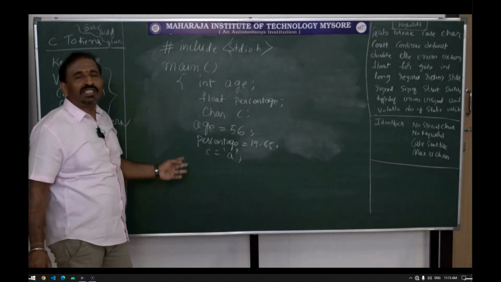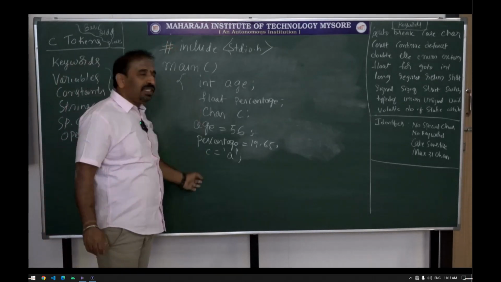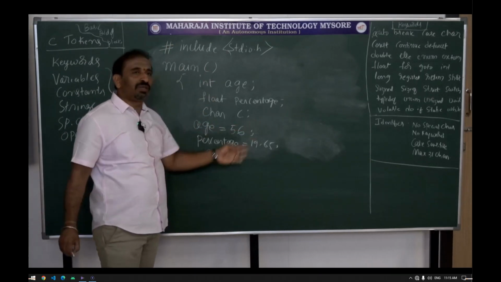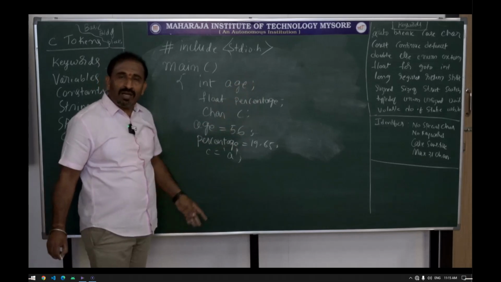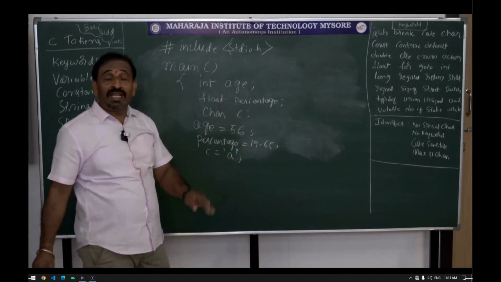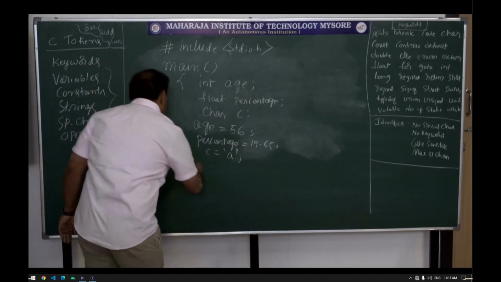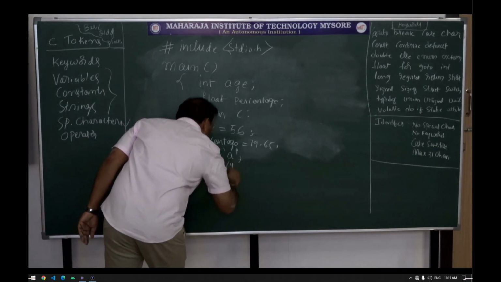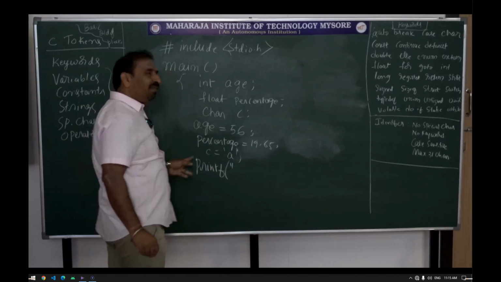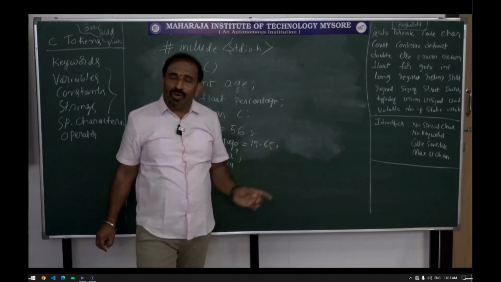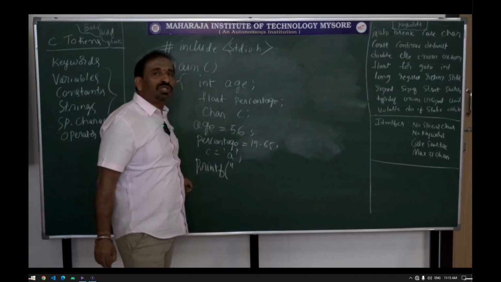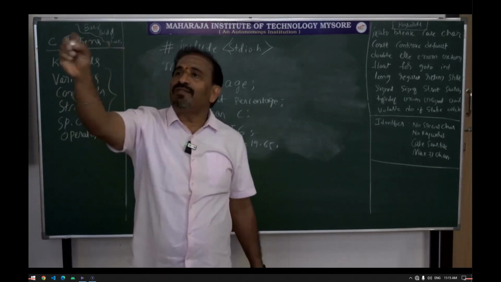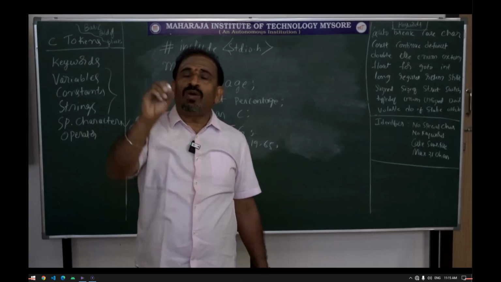And these values, like age equal to 56, percentage equal to this, etc., can be printed by using the printf statement. In the previous class, I showed you this printf statement is used to print some message, like "Hello, I am from MIT" or "Hello, how are you?"